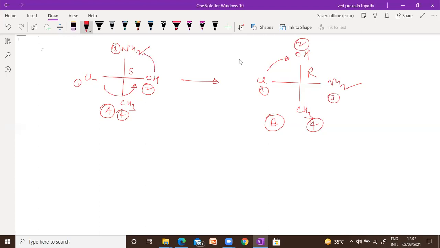OH goes to the NH2 and NH2 in place of OH. So such a type of exchange is known as one exchange, or you can say odd as well, because one is an odd number. So this is odd exchange. That's why I am saying whenever you have odd exchange, it will give a different configuration.